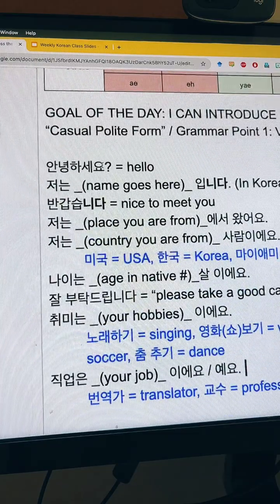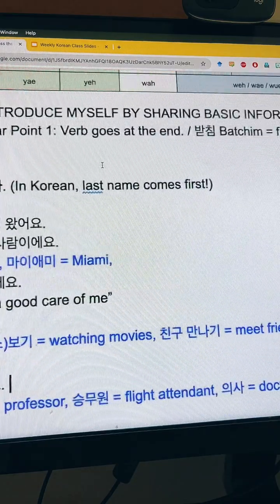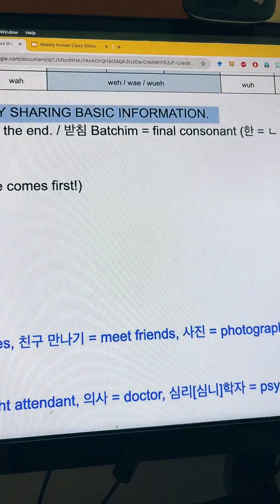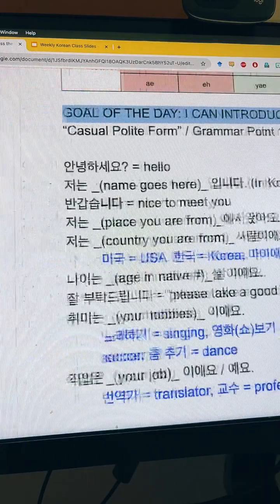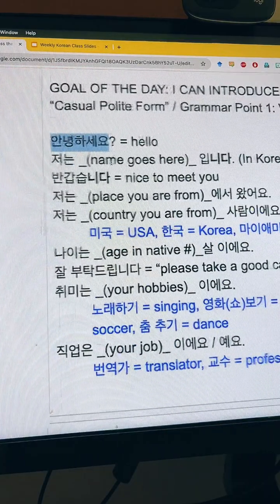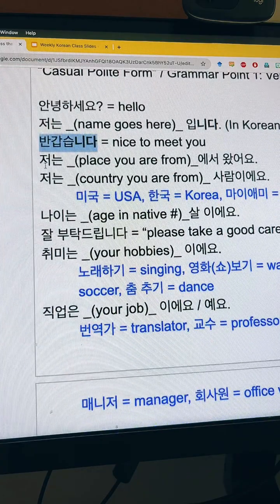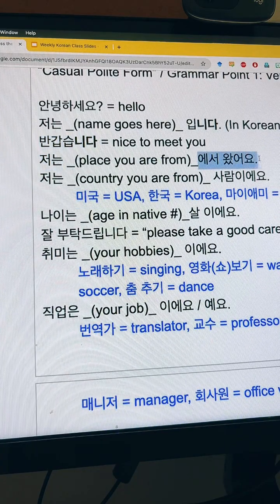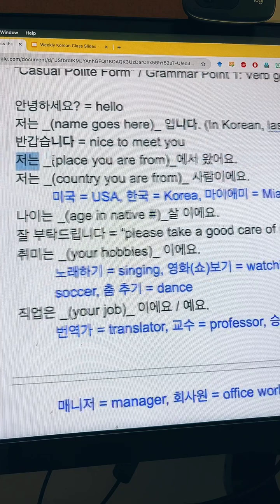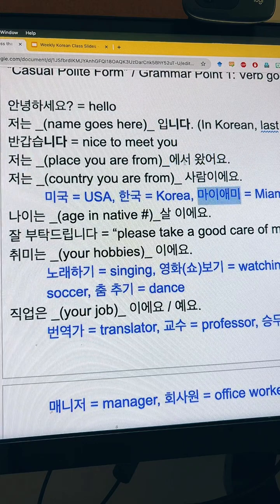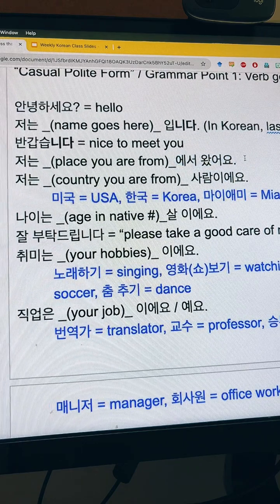So again, goal of today is to introduce yourself by sharing basic information such as you're gonna start by saying 안녕하세요. 저는 지니입니다. 반갑습니다. 저는 미국에서 왔어요. 저는 한국에서 왔어요. 저는 마이애미에서 왔어요.